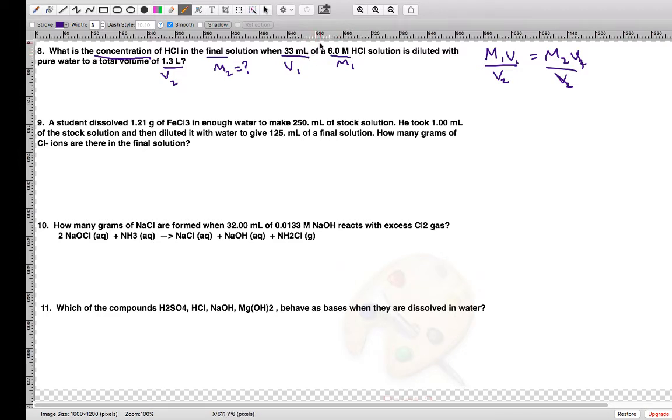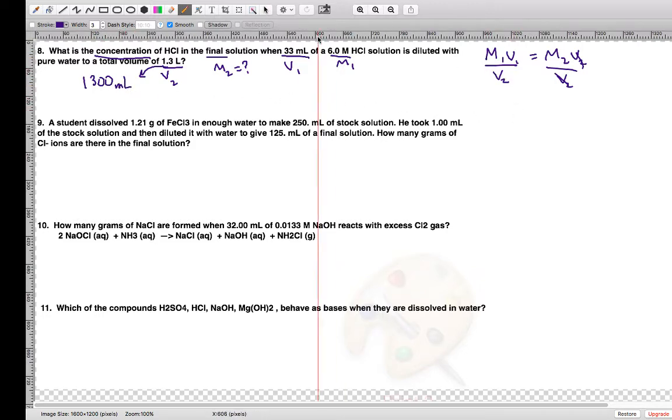It doesn't matter as long as you're using milliliters throughout the problem or liters throughout. I choose to use milliliters today, so I'm going to change this number also to milliliters. That's times 1,000, so that's 1,300 milliliters.